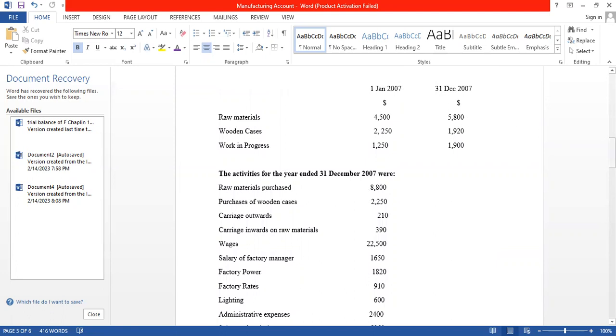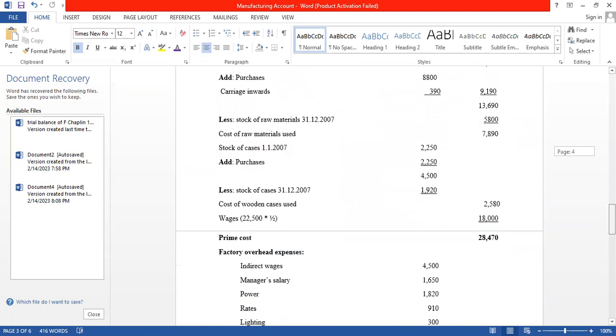So that's how we got the $5,800 that we put into the question right here. And they said we are to subtract it from everything up here. So we're going to subtract the $5,800 from the $13,690. We're left with $7,890. And that amount, this figure here, will be called cost of raw materials used.